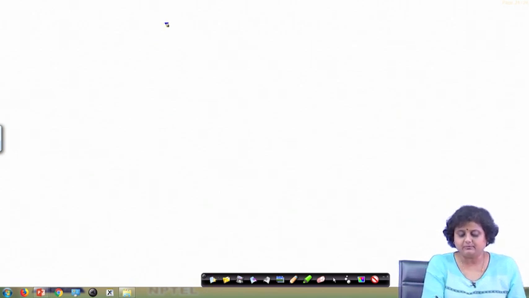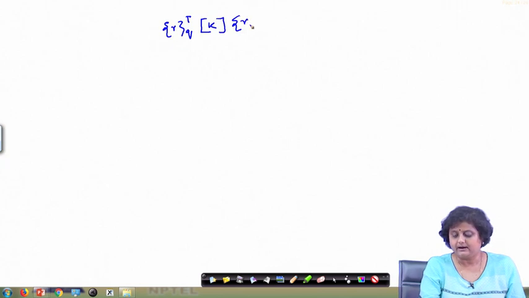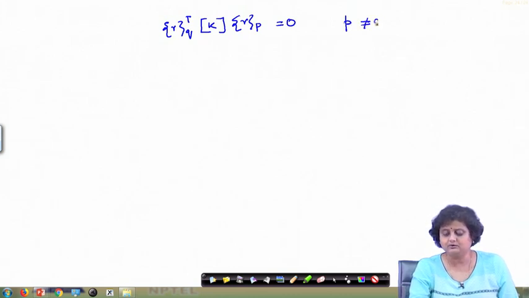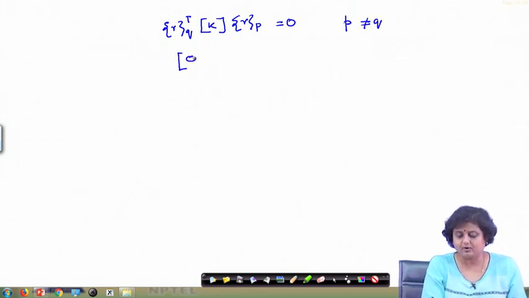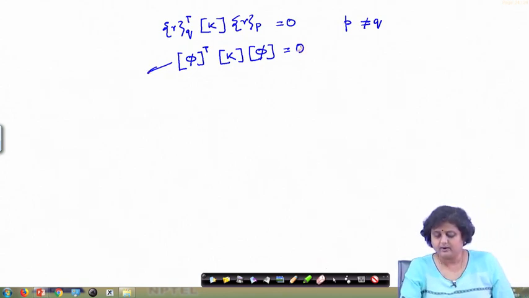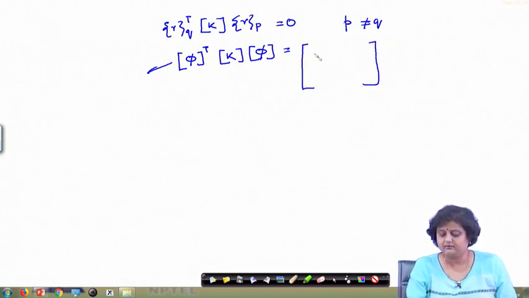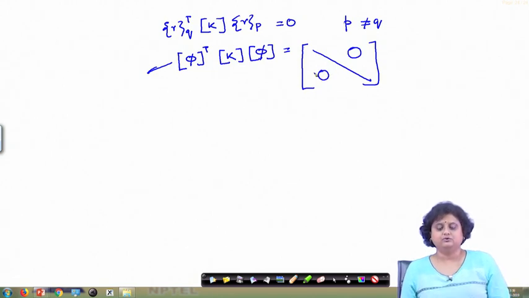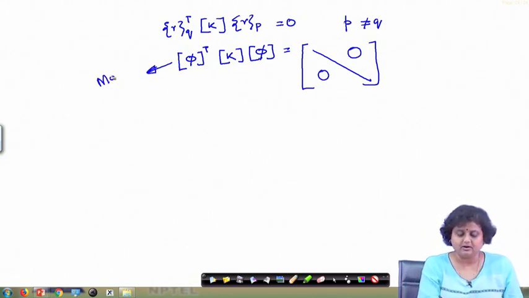If I write it in terms of modal matrices, this expression that R q transpose K R p is equal to 0 for all p not equal to q can be written in matrix form as phi transpose K into phi is equal to a diagonal matrix whose off diagonal terms are equal to 0, where phi again is the modal matrix.